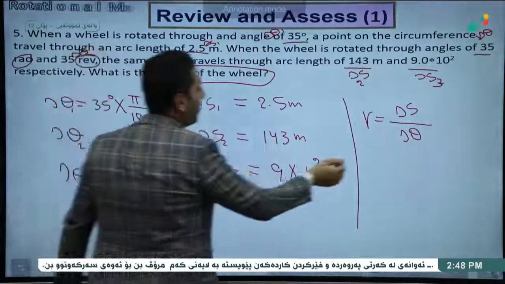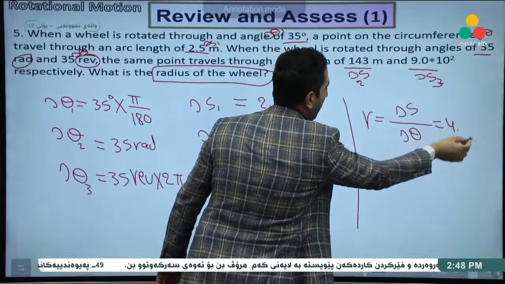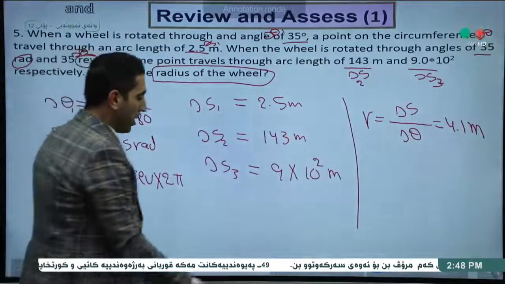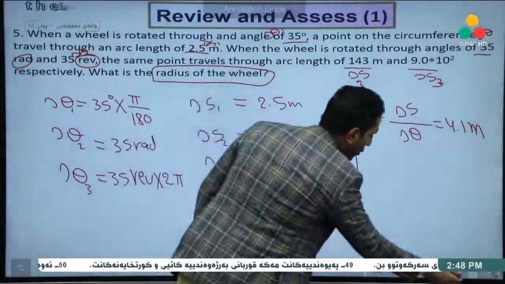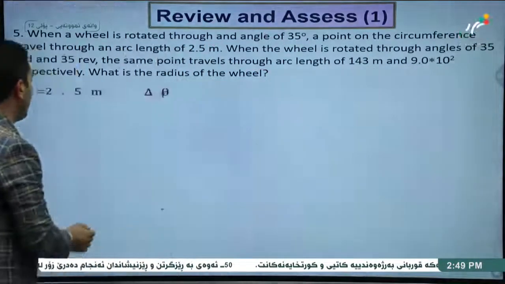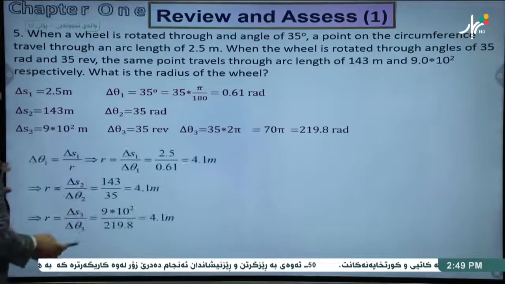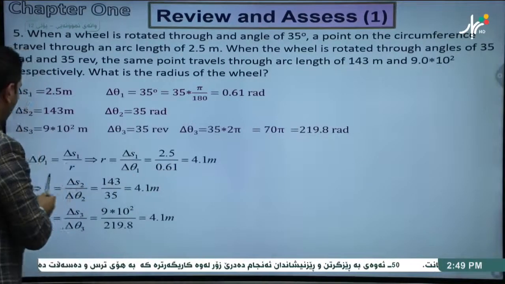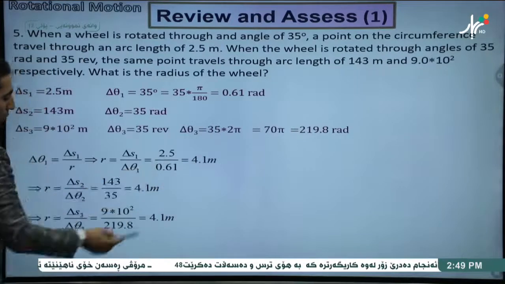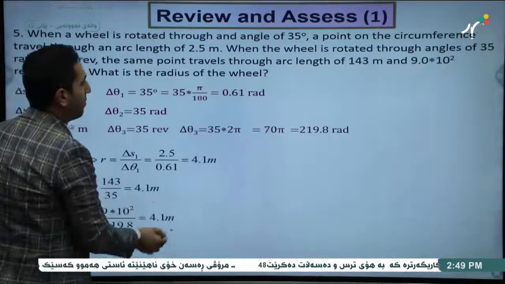For all of them it is equal to 4.1 meters, because the radius is constant and doesn't change. We solved it: the radius is equal to 4.1 meters for all of them.